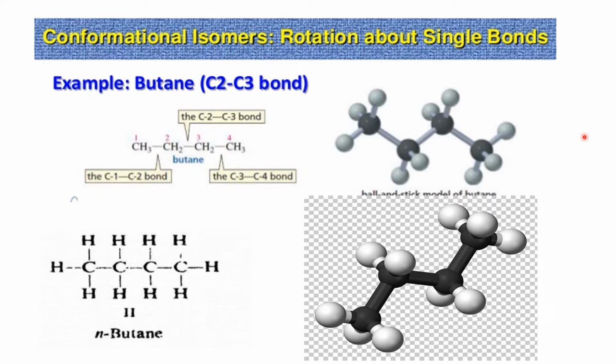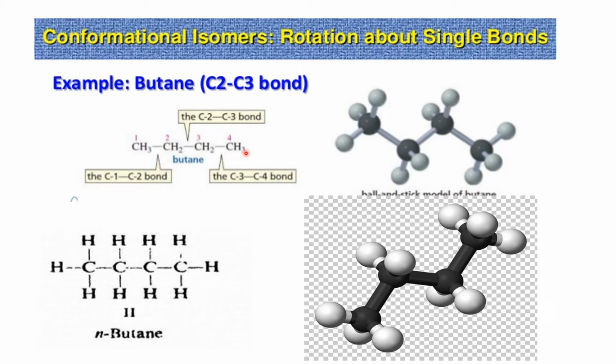Now we discuss the conformations of another molecule, that is butane. Butane is CH3, CH2, CH2, CH3. When we consider butane, all the carbon-carbon bonds are single.